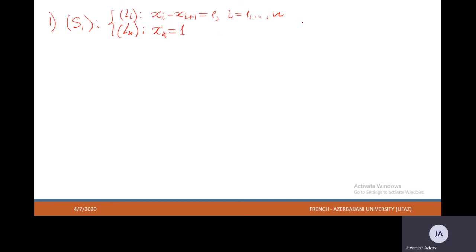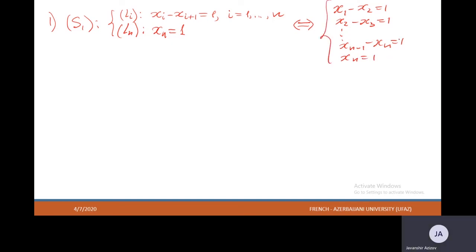Let me write this system in more detail. x1 minus x2 is 1, x2 minus x3 is 1, xn minus 1 minus xn is 1, and xn is 1.